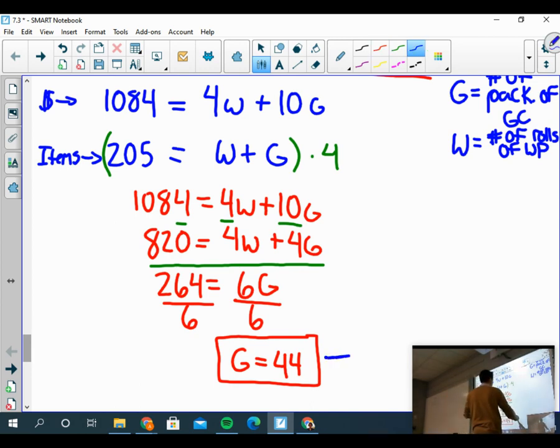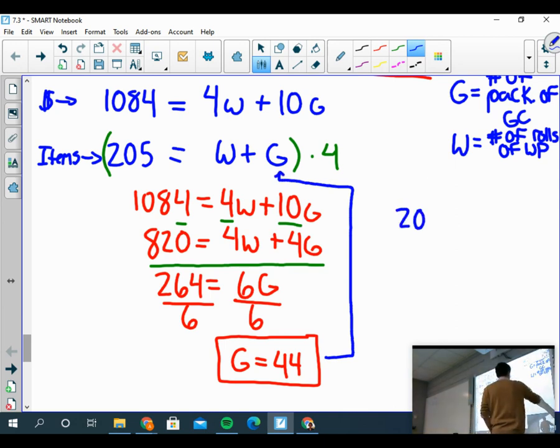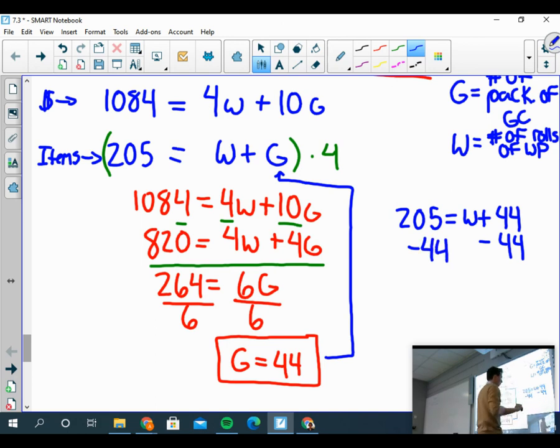So I'm going to plug that 44 back into one of my originals, probably the bottom one because it's the easiest. And when I do this, I find that I need to sell 161 rolls of wrapping paper.